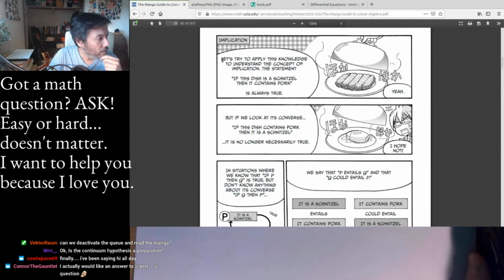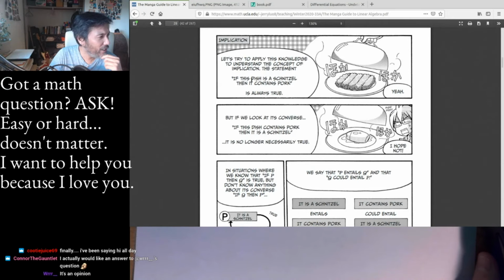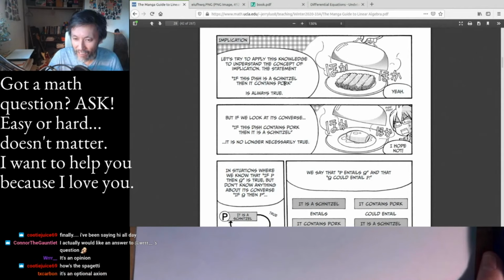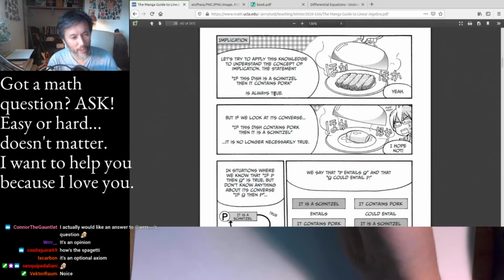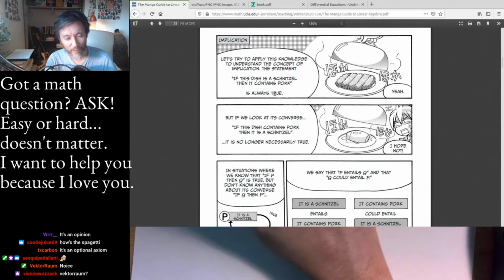Implication. Let's try to apply this knowledge to understand the concept of implication. The statement, if this dish is a schnitzel, then it contains pork, is always true. Wait a minute.